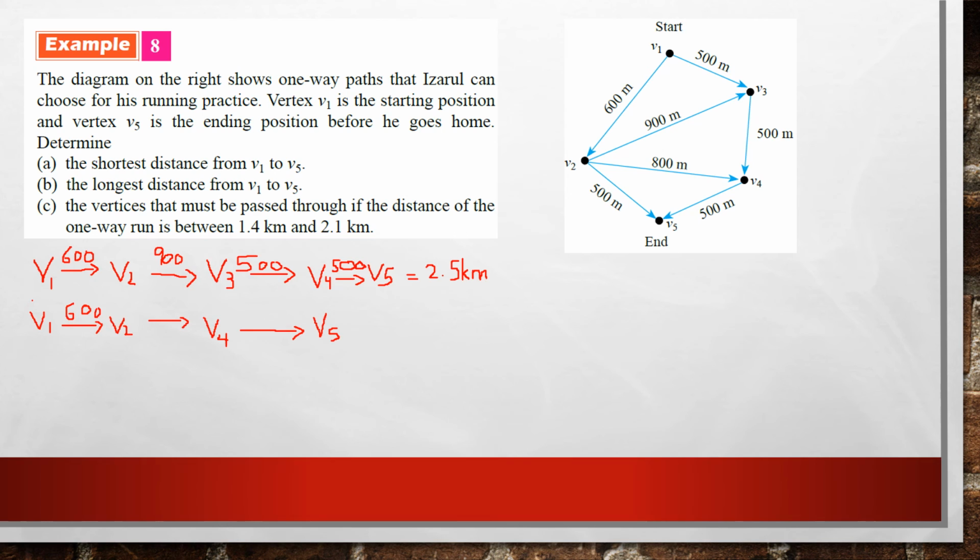Then V2 to V4 is 800. Then V4 to V5 is 500. So you calculate the total distance from V1 to V5: 600 plus 800, that is 1400, plus 500, that is 1900 meter. So when we change to kilometer, it becomes 1.9 kilometer.